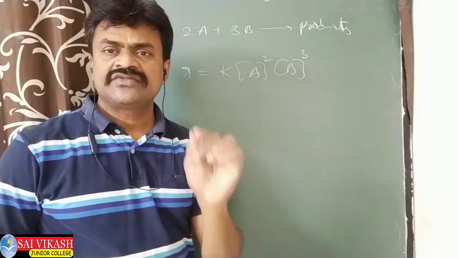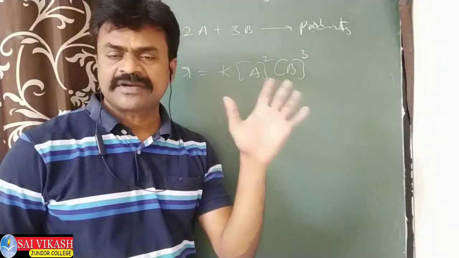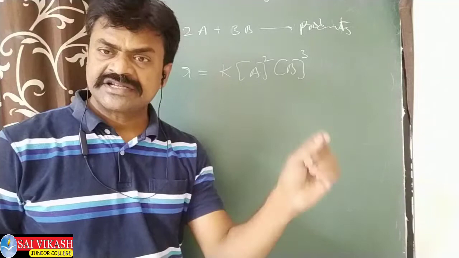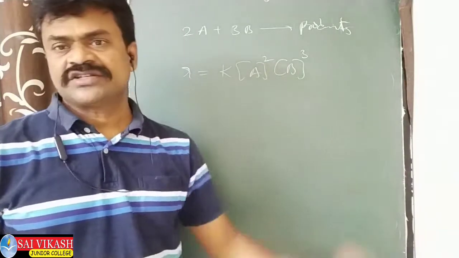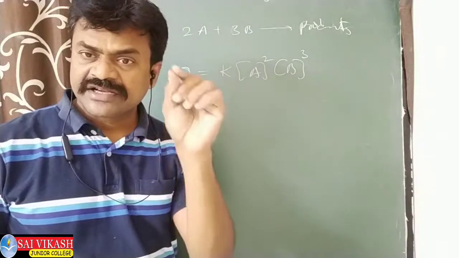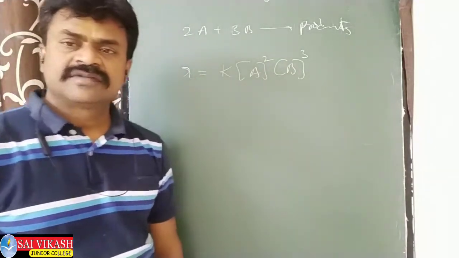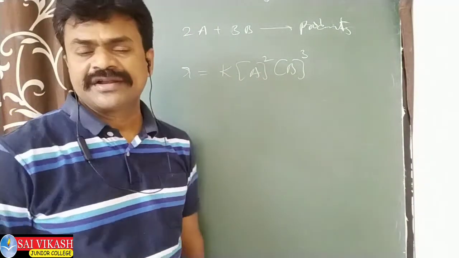Always, the rate equation you have to write for the rate determination step. If you have the rate determination step, then only you are eligible to write the rate equation. Then in the rate equation only, you will get the order. So the rate determination step is a very important point.